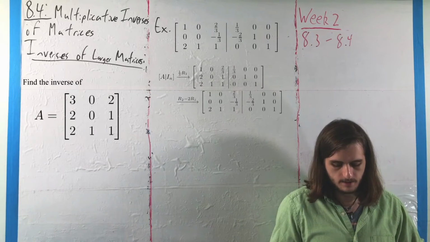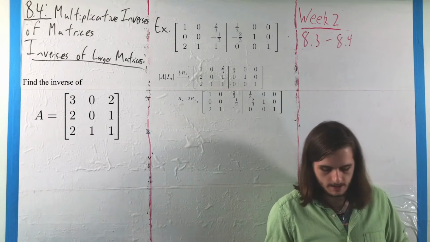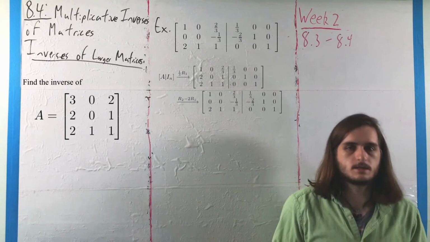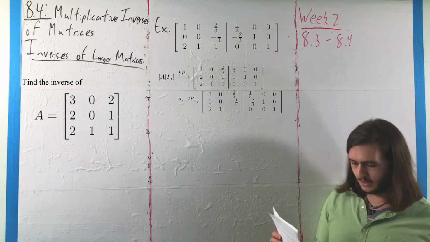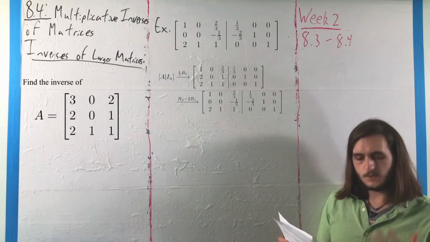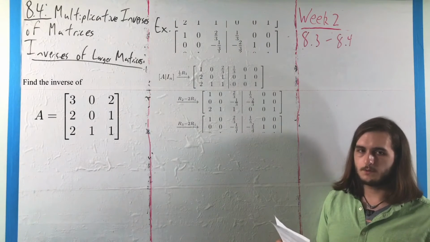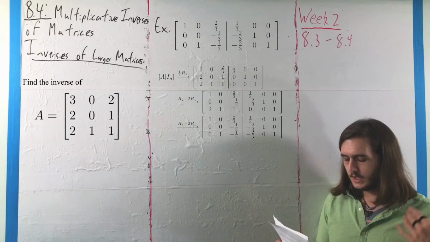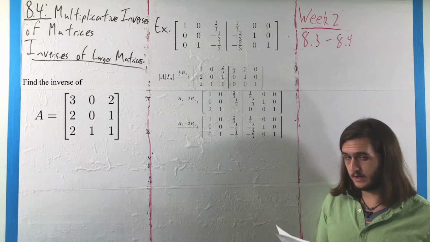And then you have 2/3 times negative 1 plus 0. You get negative 2/3. The 1 stays the same because you're adding 0 to it. And the 0 stays the same because you're also adding 0 to it. And then you do fundamentally the same thing in row 3. Row 3 minus 2R1, you get 0, 1, negative 1/3, negative 2/3, 0, 1.